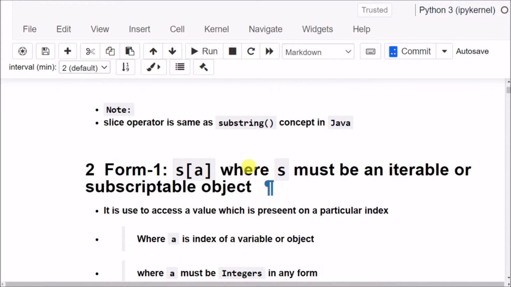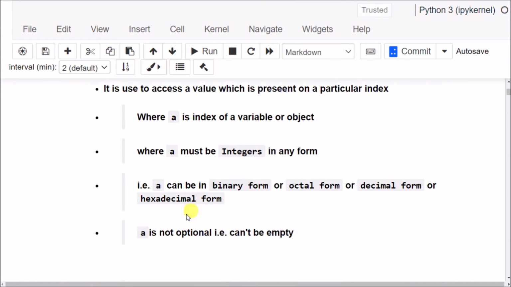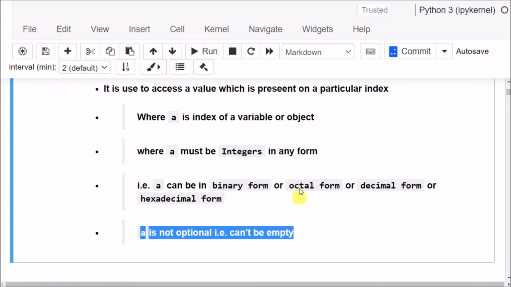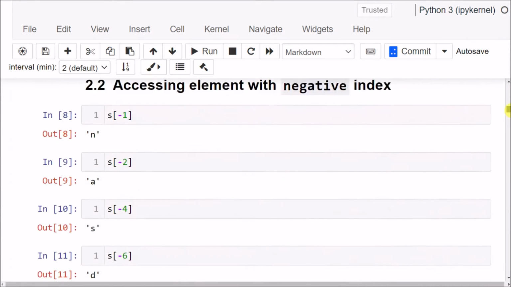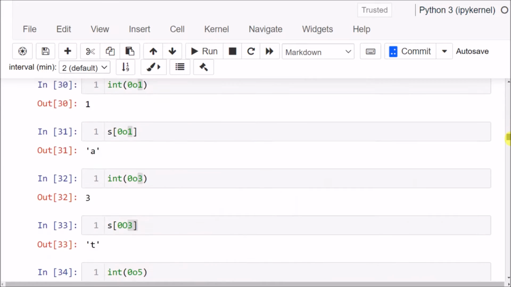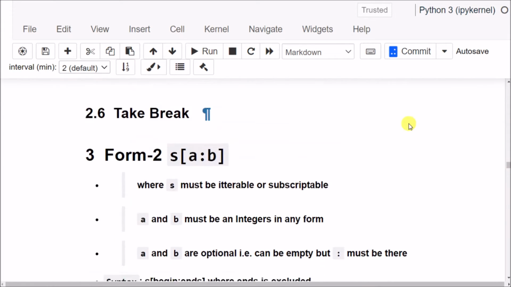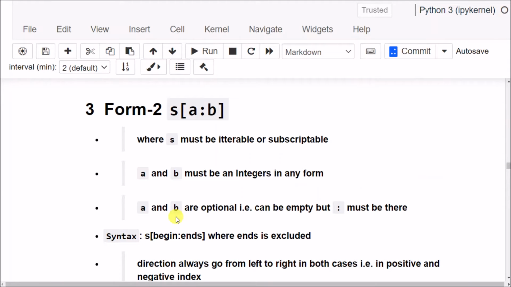So here this is form 1. Here A is not optional. So this part you have to remember: in form 2, A and B are optional.